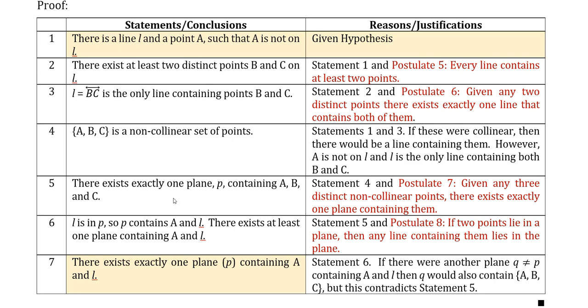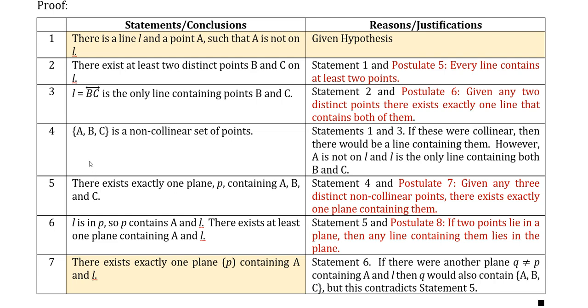All right, so now we have a plane containing A, B, and C. Now L is in the plane P, so P contains A and L. And there exists at least one plane containing A and L. That's my next statement. How did I get that? Well, I had to use postulate 8 and statement 5. So plane P contains points A, B, and C, but postulate 8 says if 2 points lie in a plane, then any line containing them lies in that plane. So, of course, line L is there.